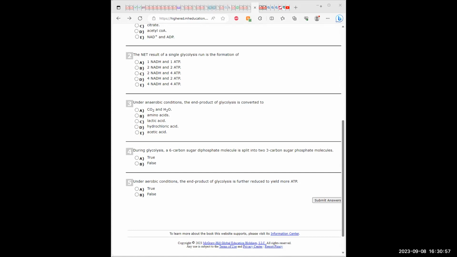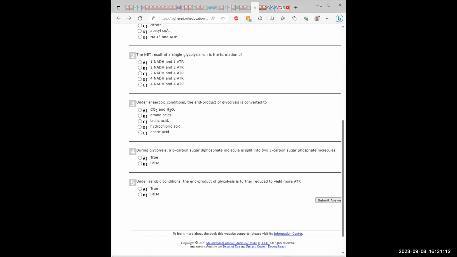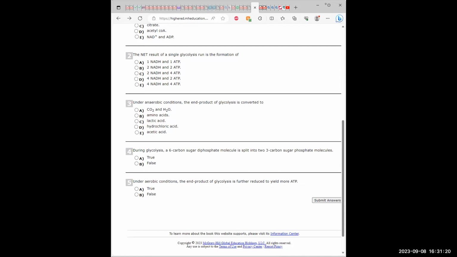Mariam said true. Yes, it's true, correct. Under aerobic conditions, the end product of glycolysis is further oxidized to yield more ATP. Yes or no? Yes, pyruvate will enter the mitochondria and be oxidized more and more to give more ATP, and we will learn about that in the next session.